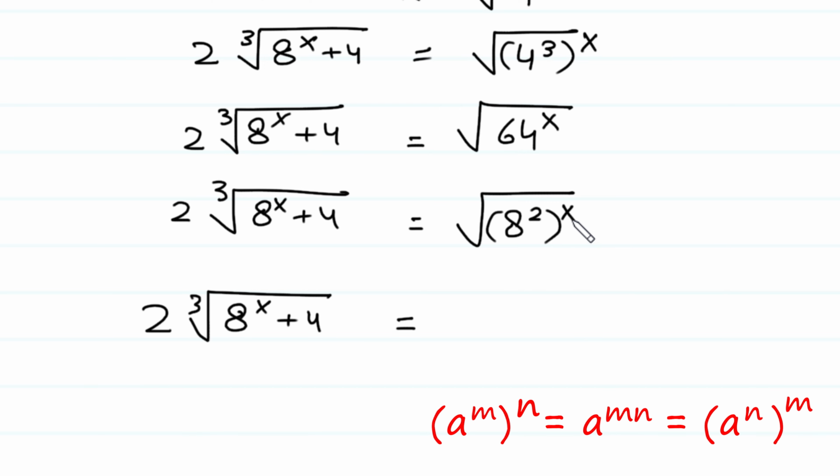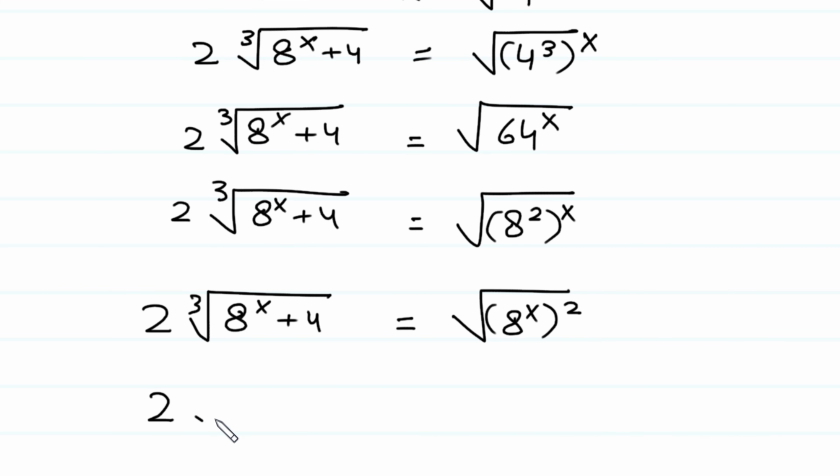We can write this power x inside the brackets and this power 2 outside the brackets, like this: square root of 8 to the power x to the whole power 2. Next, 2 times cube root of 8 to the power x plus 4 is equal to, this square will be cancelled with this square root, and here left 8 to the power x.